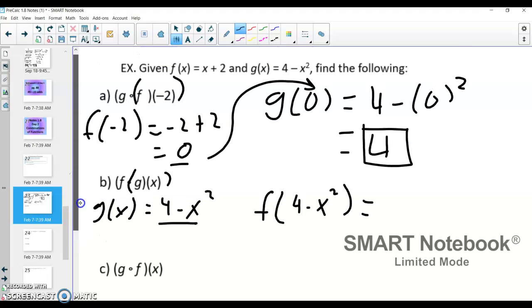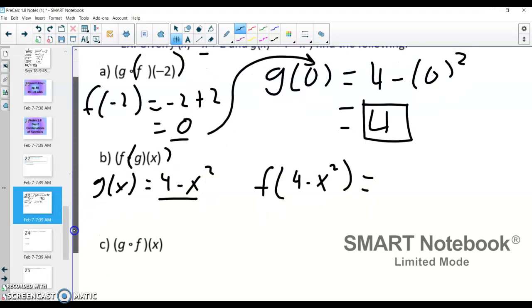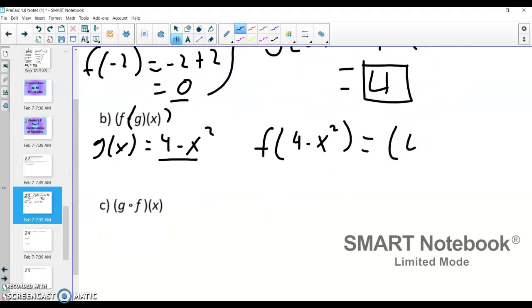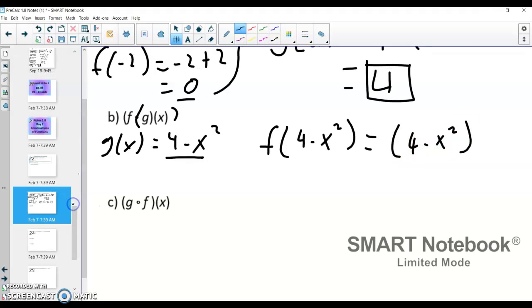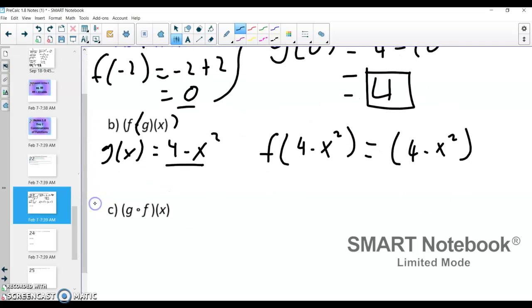We plug that in for all the x values in f of x, and that becomes 4 minus x squared plus 2. We can take that one step further, and combining our like terms, that becomes -x squared plus 6. That is f composed of g of x.